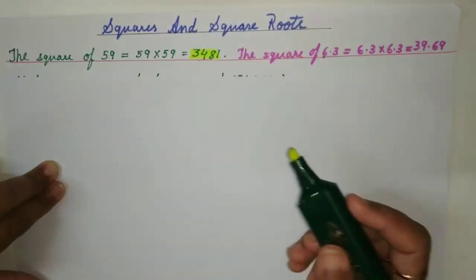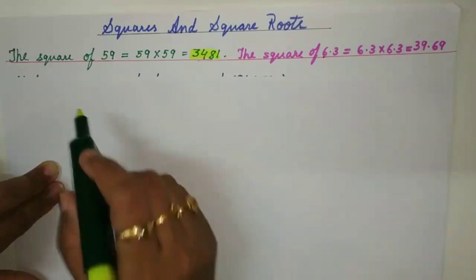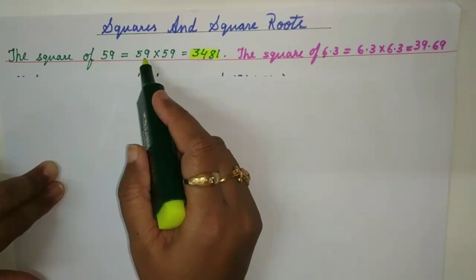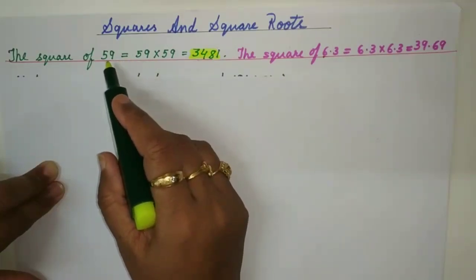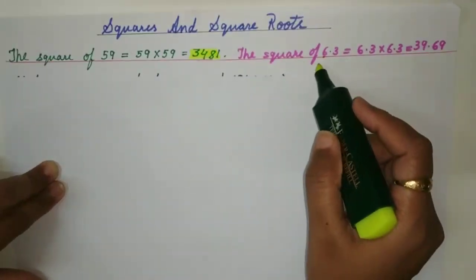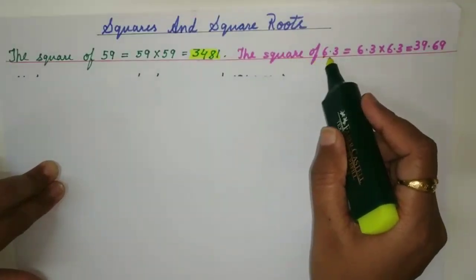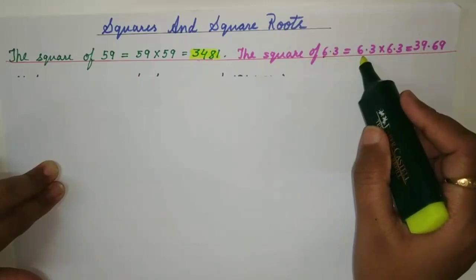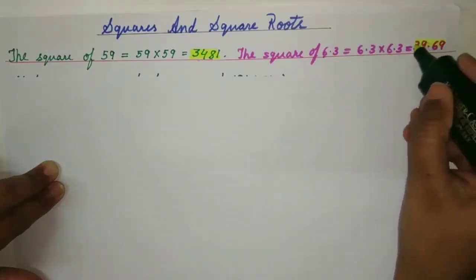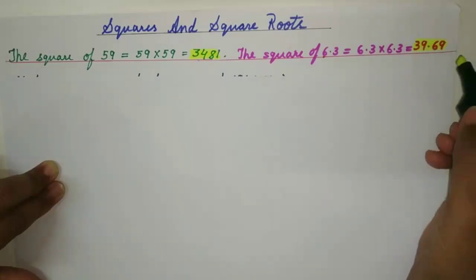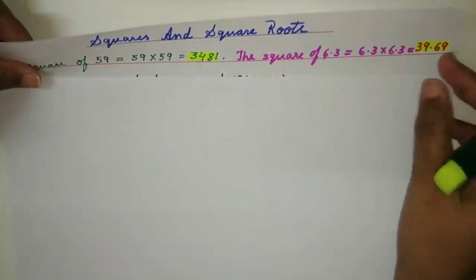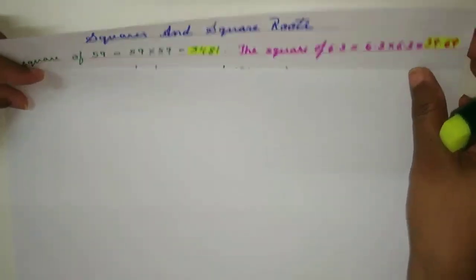So coming back, if it is the square of a number, like here I have taken the example of 59, it is 59 into 59. Another example I have taken, find the square of 6.3. So as I already said, 6.3 into 6.3, and I am highlighting the answer which I had already computed and written for you.